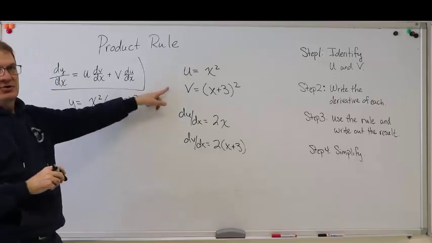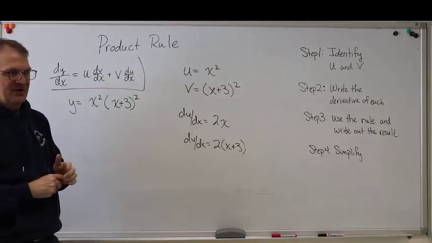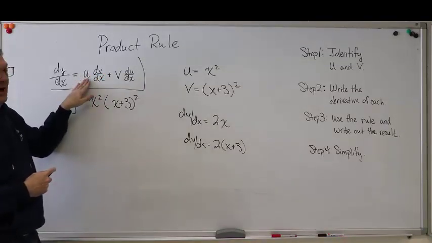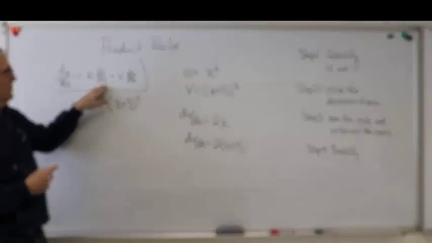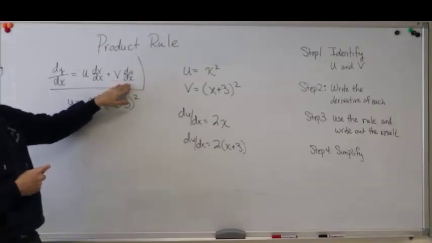And then we come back to our product rule. The way I look at it and think of it is, it says leave the first function and multiply it with the derivative of the second, so the derivative of v. Add to that, leave the second function, multiply it with the derivative of the first.